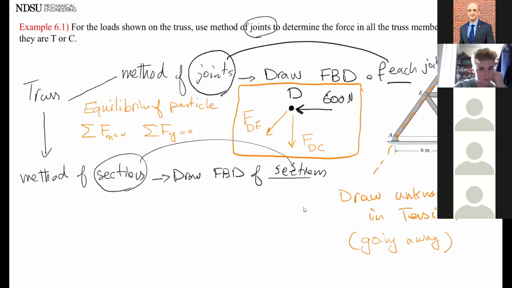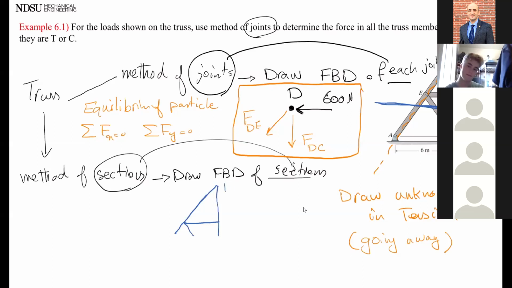Method of sections, on the other hand, is when you make a cut through your truss, and the cut goes through some members. It's an imaginary cut, okay? Then you draw free body diagram of 2 sections of the truss. If I make a cut like that, then I'm gonna have a free body diagram like this.